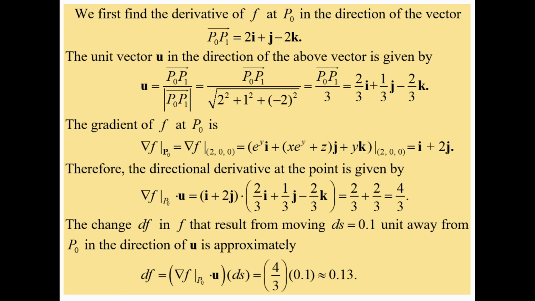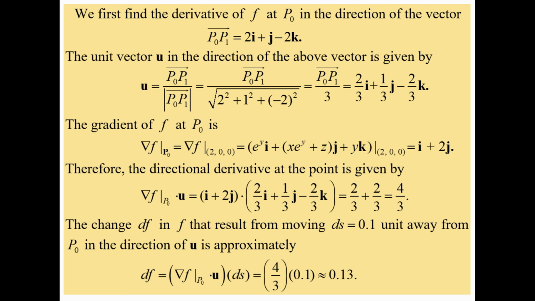Here vector p naught p1 is not a unit vector, so in order to get a unit vector in that direction, we divide that vector by its magnitude and get that vector u is equal to 2 by 3i plus 1 by 3j minus 2 by 3k. Now the gradient of f at p naught can be evaluated as i plus 2j, so that the directional derivative is the dot product of this vector with the unit vector, and it is 4 by 3.